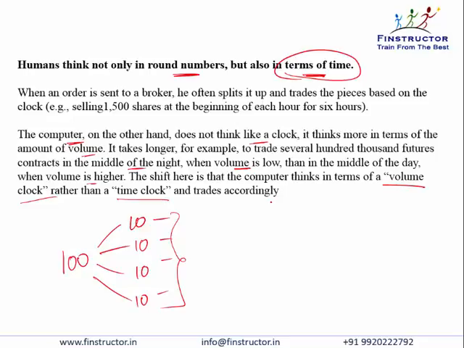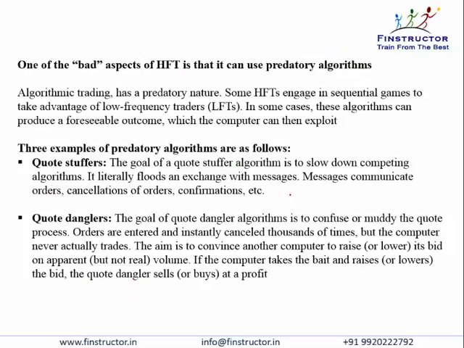So that's also an advantage, you can say, or that's also one way of trading that a high frequency algorithm will do. The bad aspect of HFT is that it can sometimes be predatory. So algorithmic trading sometimes has a predatory nature. That is, the high frequency traders will engage in sequential games to take advantage of low frequency traders, or the human beings, or the real investors.